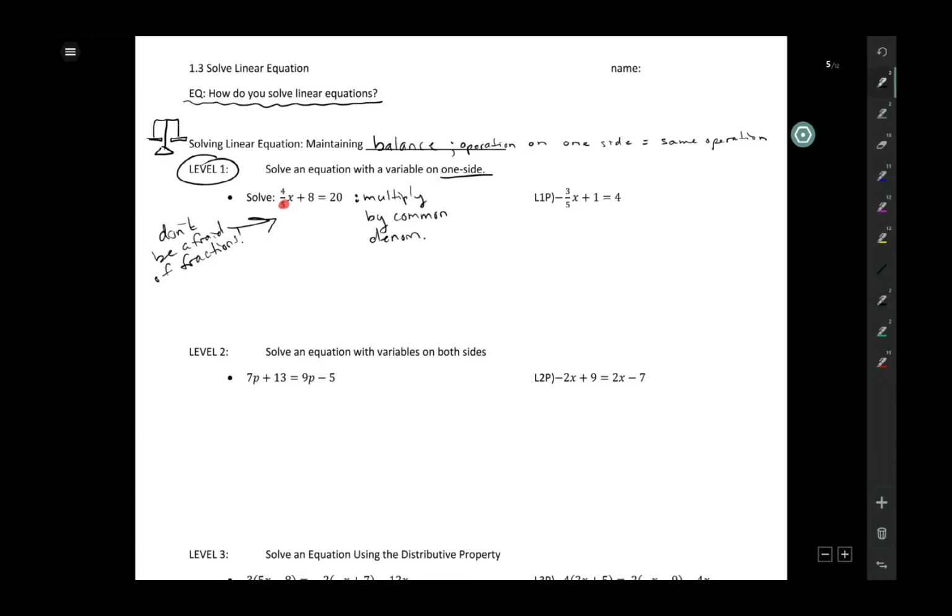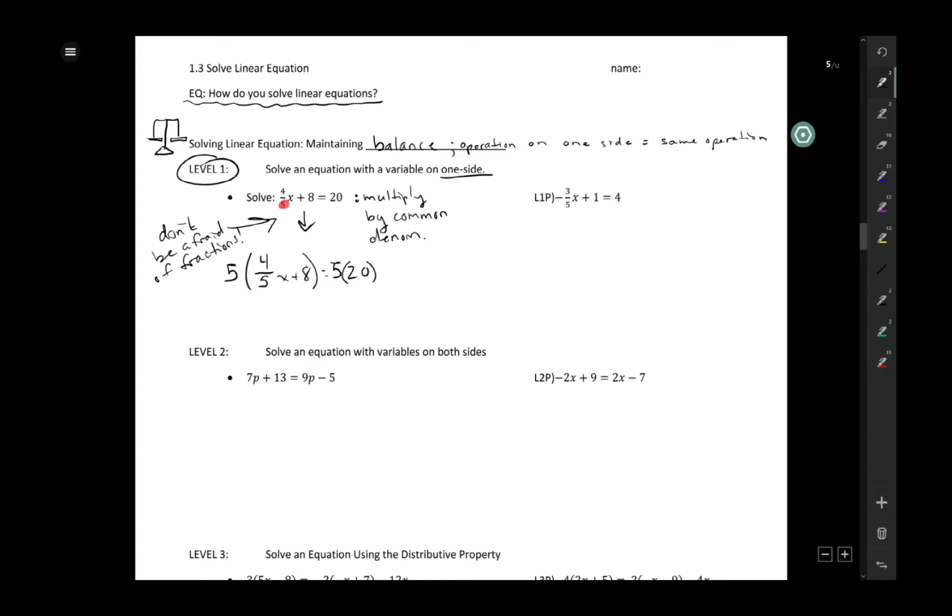But for us, if you just multiply everything by 5, so 4/5 x plus 8 equals 20. Again, we're going to multiply each side by 5 because that was our common denominator.